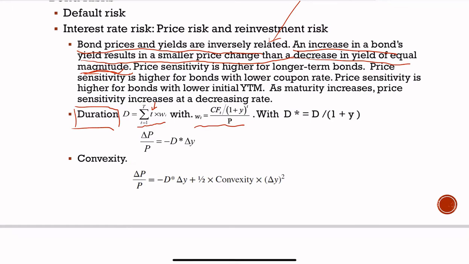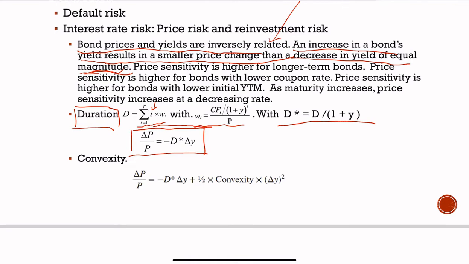And then after defining duration, we can define modified duration. So this definition is simple. It's basically duration divided by 1 plus yield. And then importantly, we can calculate how bond price will respond to changes in the bond yield, right?